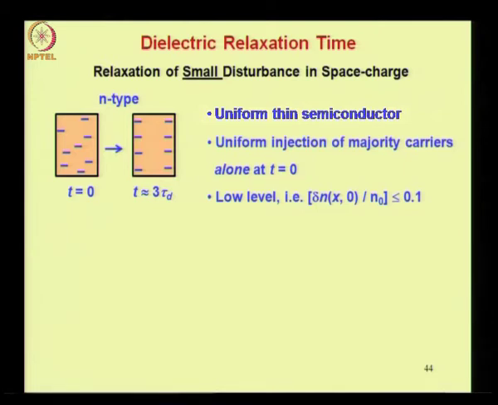So the situation here is that semiconductor is uniform and the injection of majority carriers is also uniform, and only majority carriers are injected, there are no minority carriers injected here. So this is not like electron hole pair injection, right, it is only electron injection, and also the excess electron concentration is small so that low level conditions prevail.